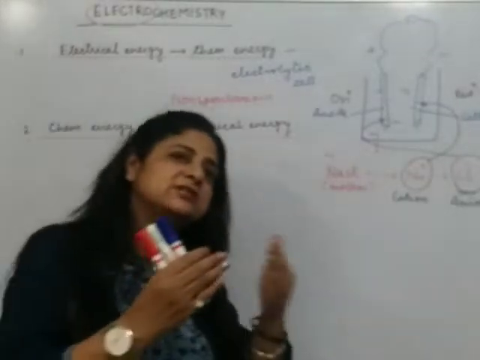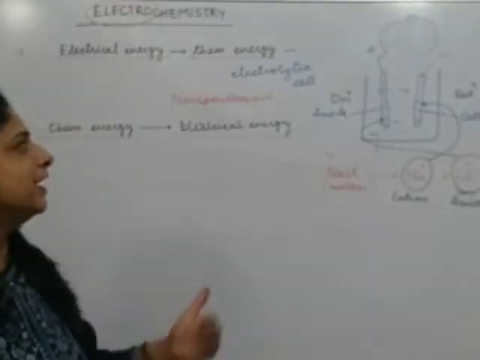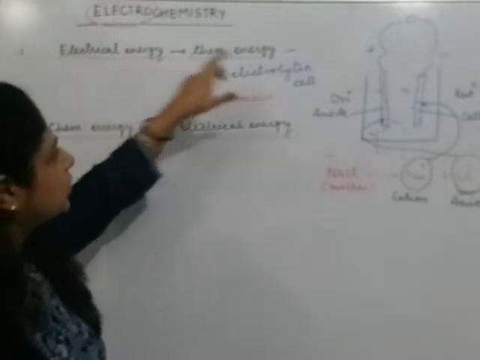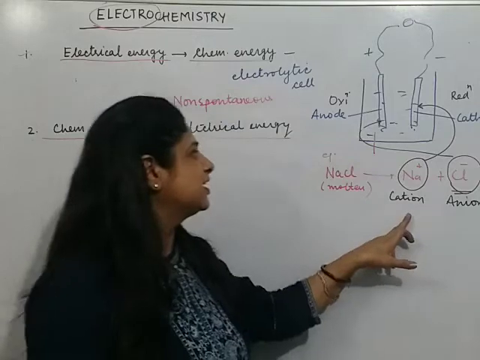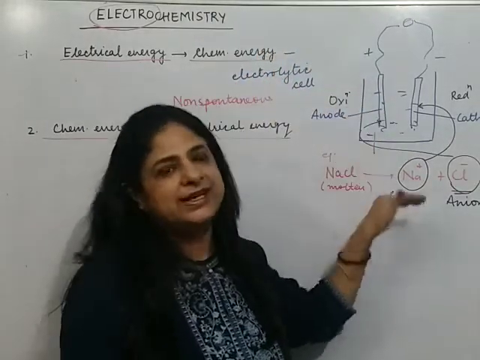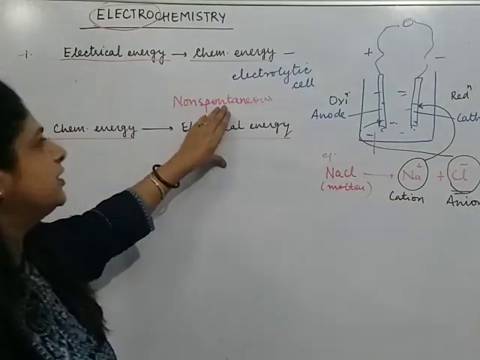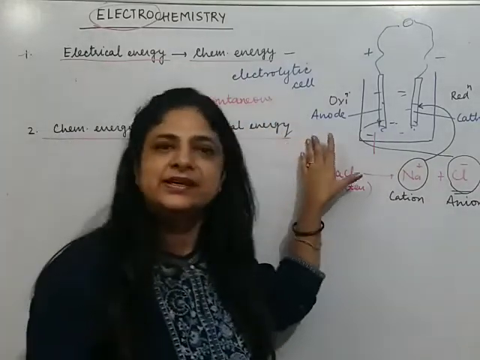They require some kind of force, or the conditions are required for them to occur. So as you can see, we require electrical energy for this redox to take place. As long as you provide electricity, electrolysis will take place. So it is a non-spontaneous redox taking place in electrolytic cells.